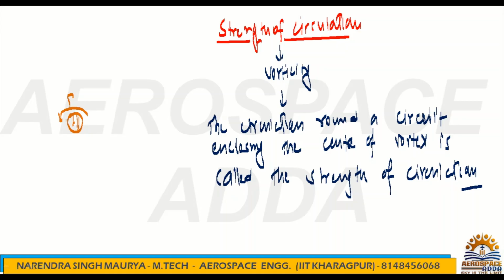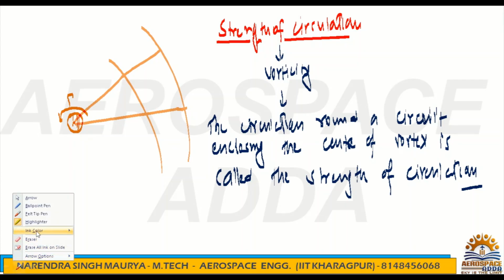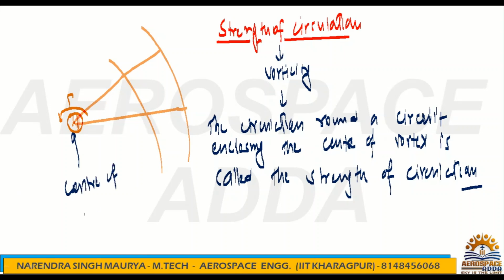Now for this particular gamma, if we are talking about the circuit, what is the meaning of circuit? Suppose this is the center of vortex, and now we have a circuit, you can say this is A, this is B, this is C, and this is D. So check, what is this circuit?